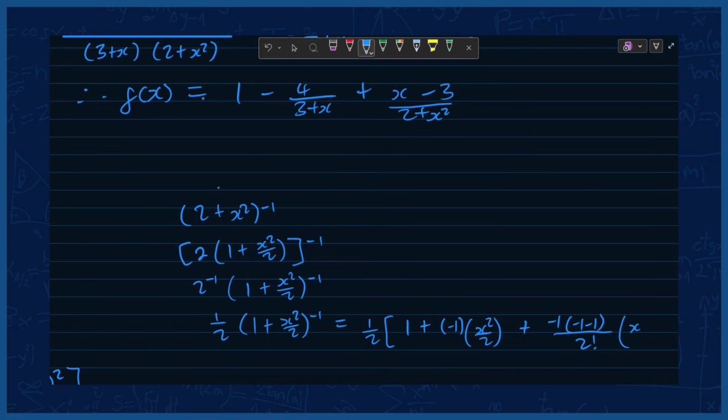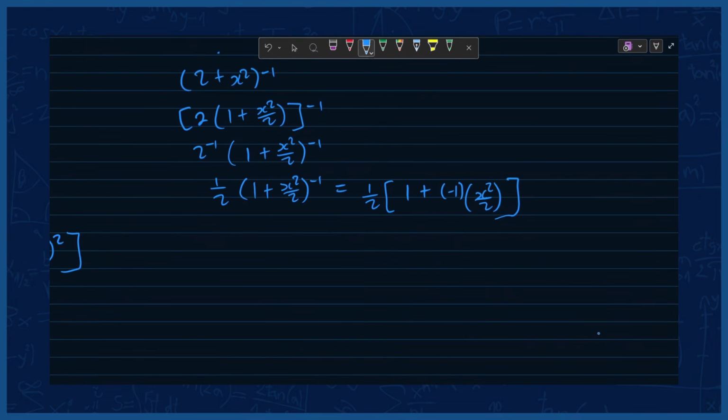Now that I think about it, this third term isn't necessary because we end up having x squared over 2 squared, and when we'd eventually simplify this, this would give us x to the 4. But remember, we were told to expand up to x squared only, so I don't actually need that part. So I can erase that, and so this really is all I'm expanding here. So that becomes a half, and this is 1 minus x squared over 2.